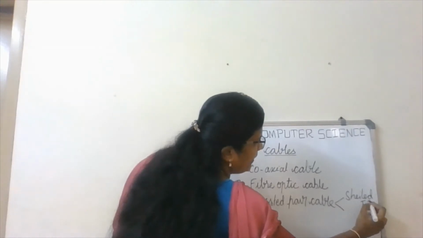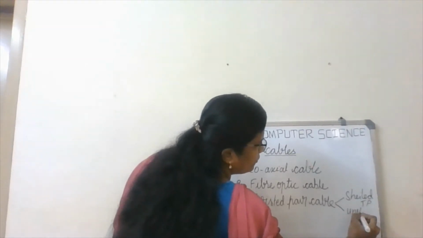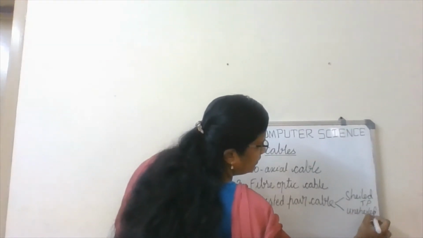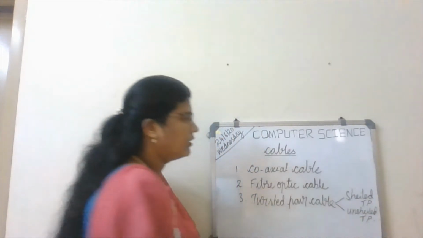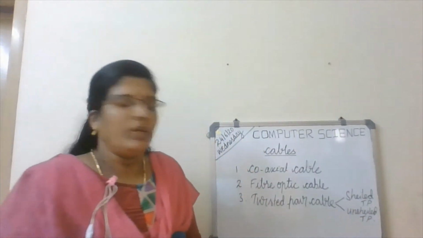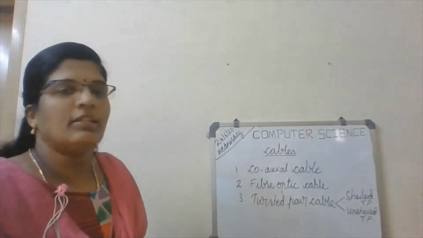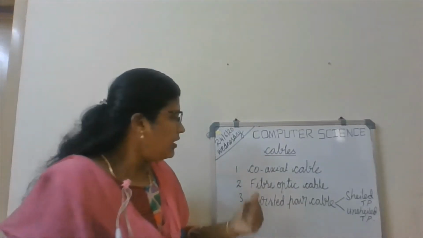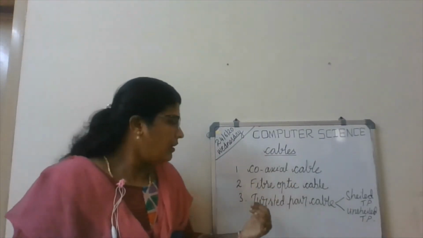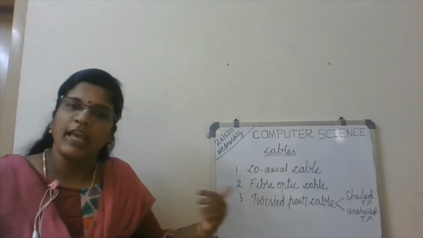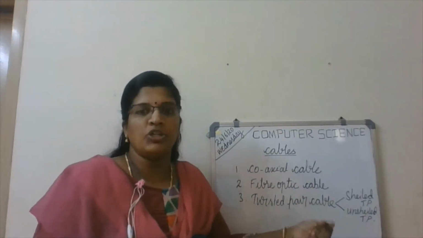Shielded twisted pair, unshielded twisted pair. These are the types of cables: coaxial cable, fiber optic cable, then twisted pair cable, which can be a shielded one or unshielded one.